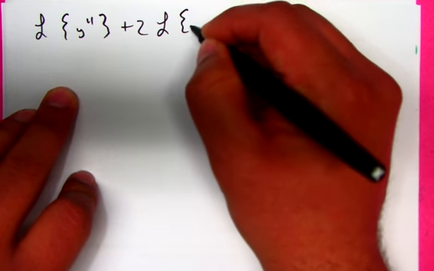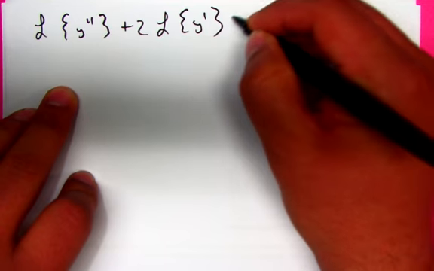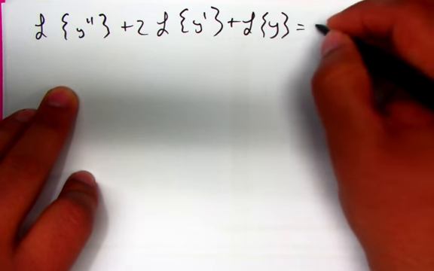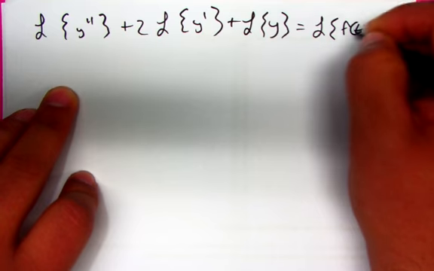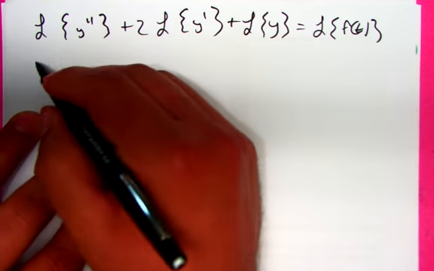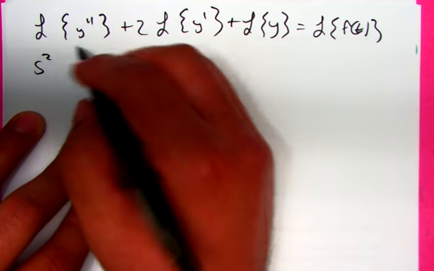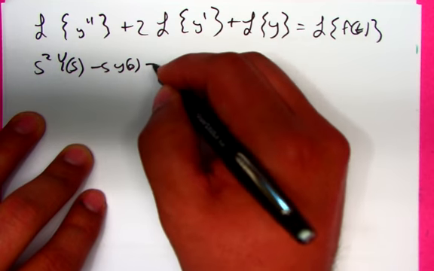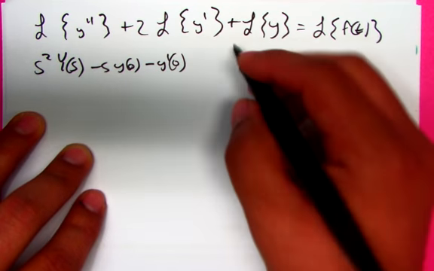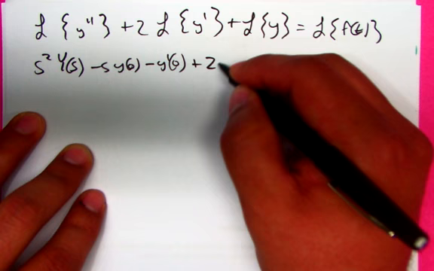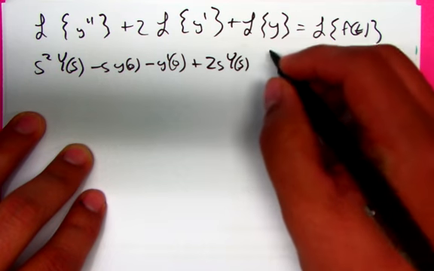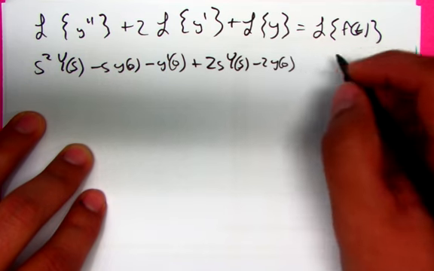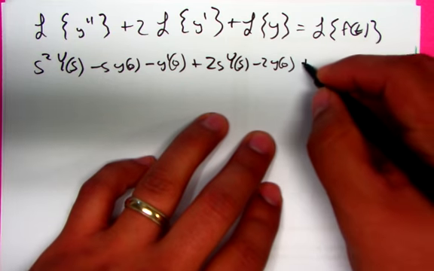The Laplace transform of the second derivative is s squared Y of s minus s y of 0 minus y prime of 0, plus 2s capital Y minus 2 y of 0, and then we have plus Y of s.